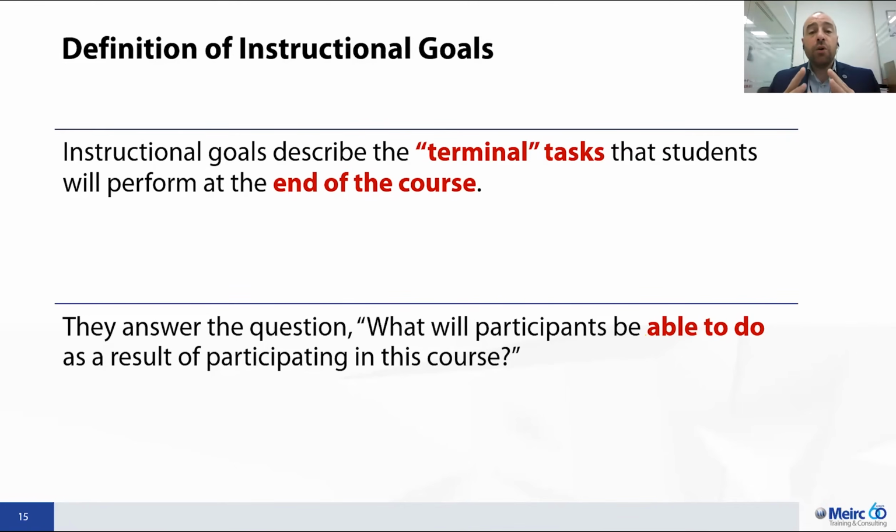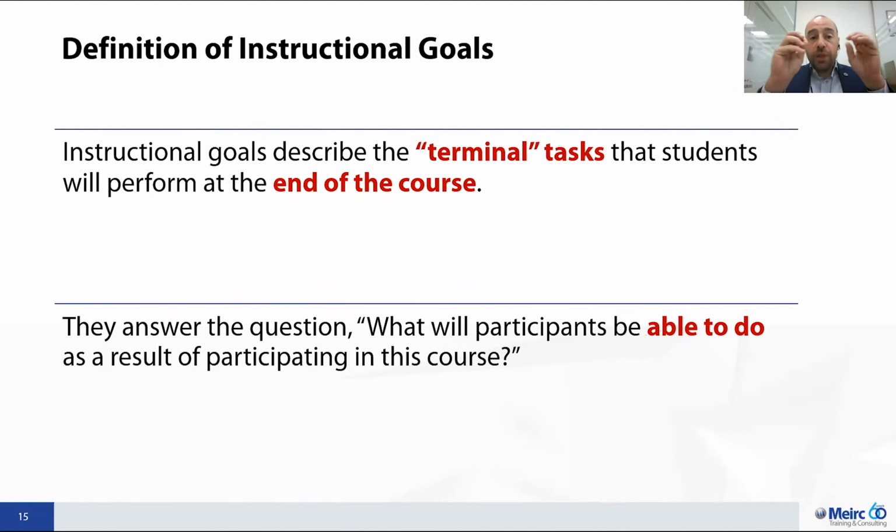And this is what we call a performance objective, how they perform on the job. And this is what an instructional designer and a trainer and a training company hope for, but cannot really control, because this is happening beyond the learning space.